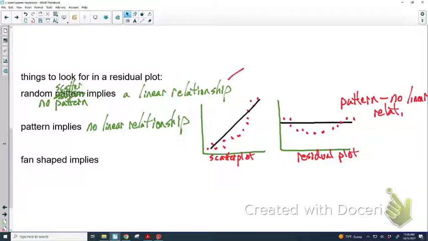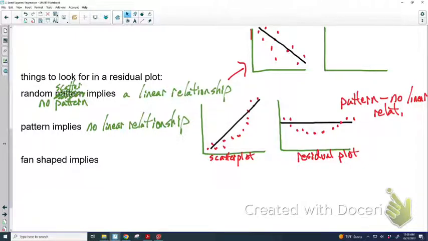This one right here, let's go back to green. So maybe I have, let's do a negative. So maybe that's my scatter plot as I read it left to right. It is dropping.